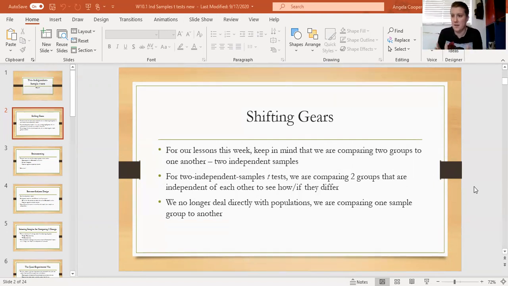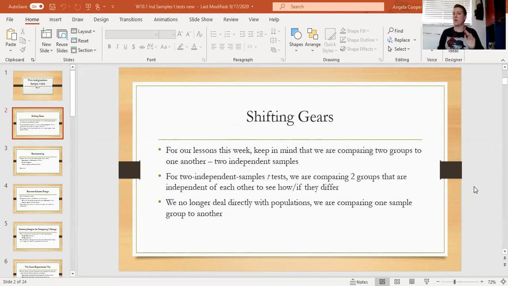So I've addressed the two samples aspect of the two independent samples t-test, but when we say two independent samples, it refers to the concept that these two groups, these two samples that we're comparing, should not influence the other. The scores or the test scores on one should have nothing to do with the other.